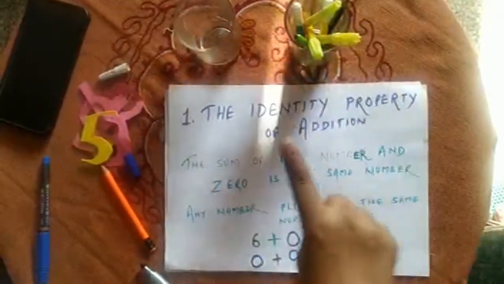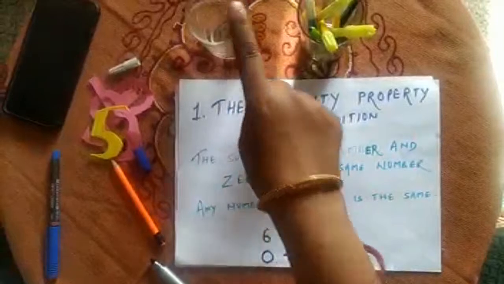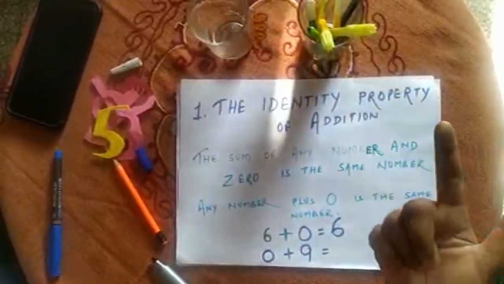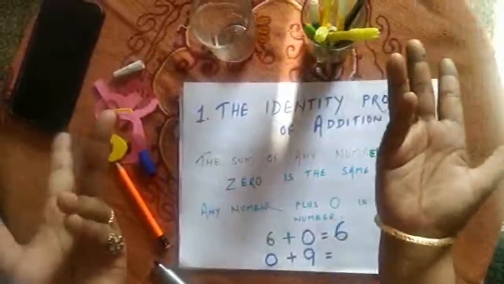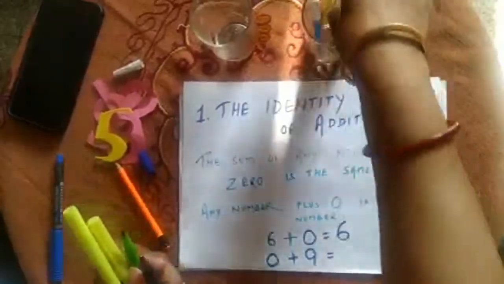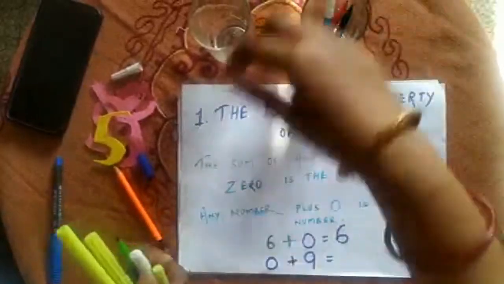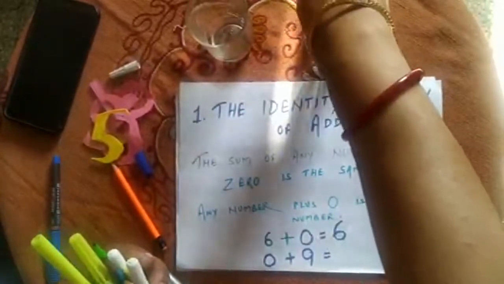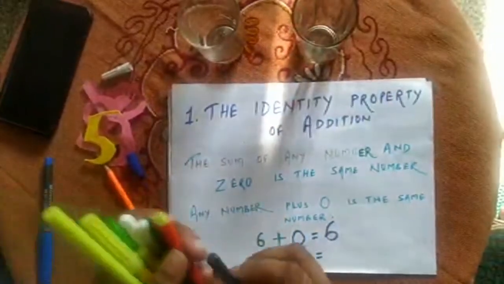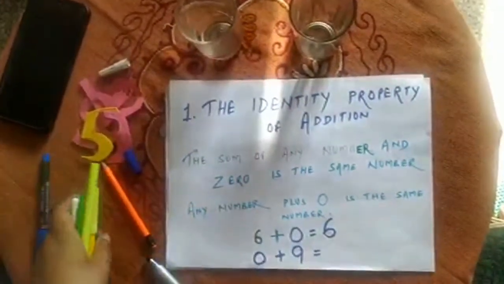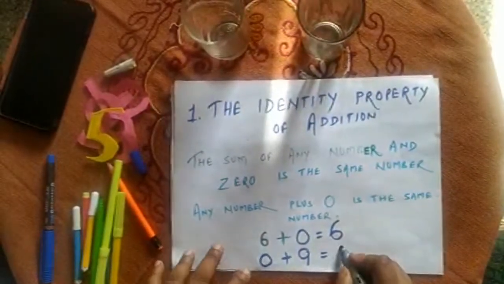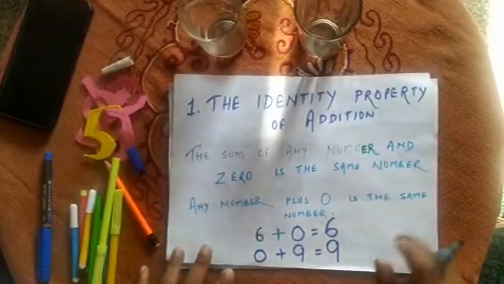The addition of these two numbers, 0 plus 9, gives a total sum of 9. It means any number plus 0 is the same number, that is 9.